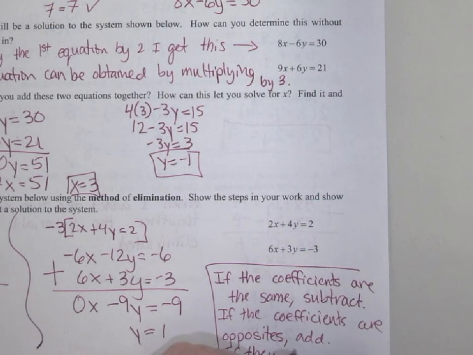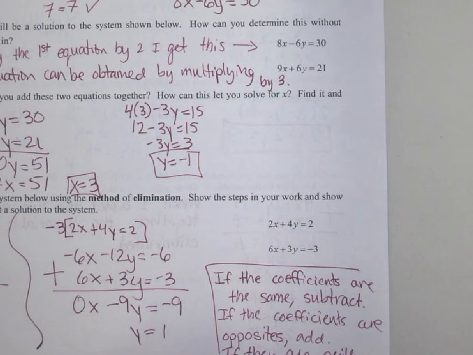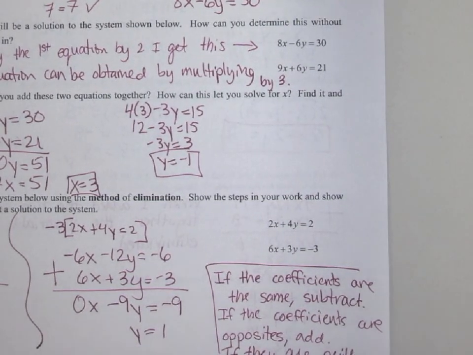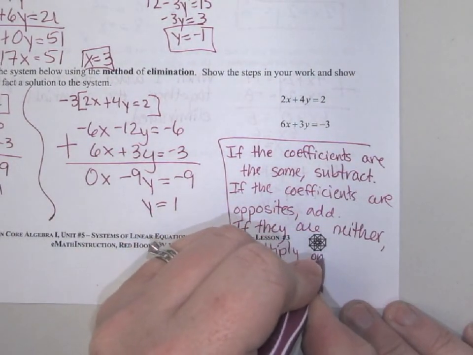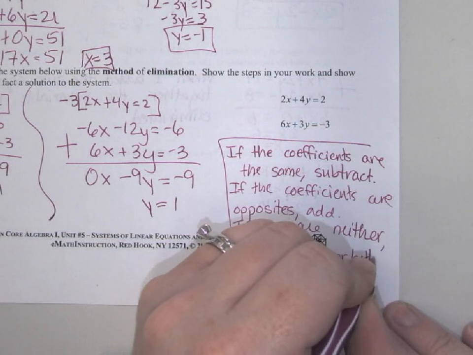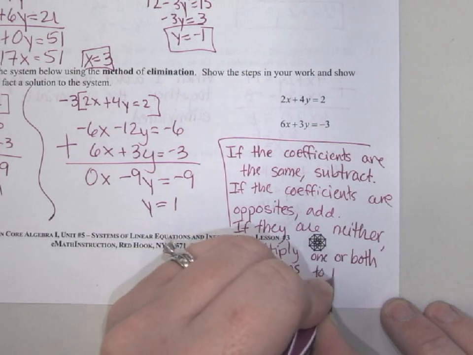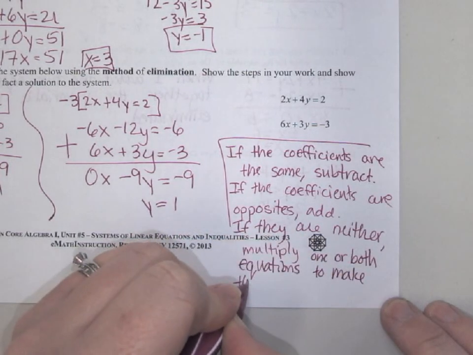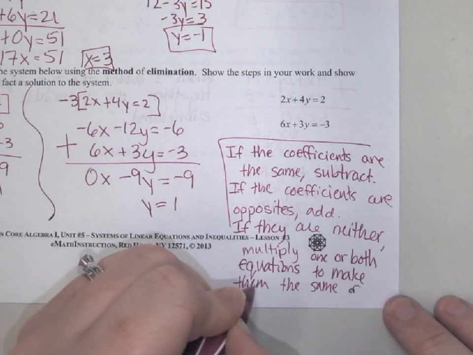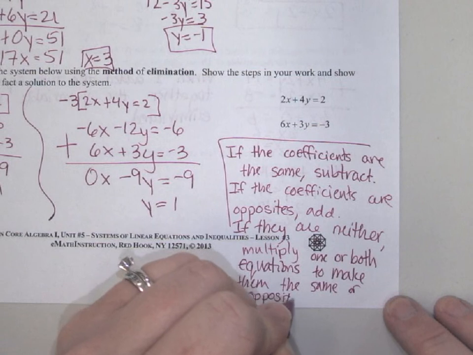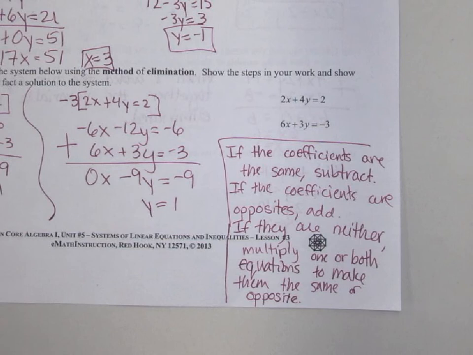If they are neither of those, multiply one or both equations to make them the same or opposite. Okay. So that's how you can use the elimination method to solve systems of equations.